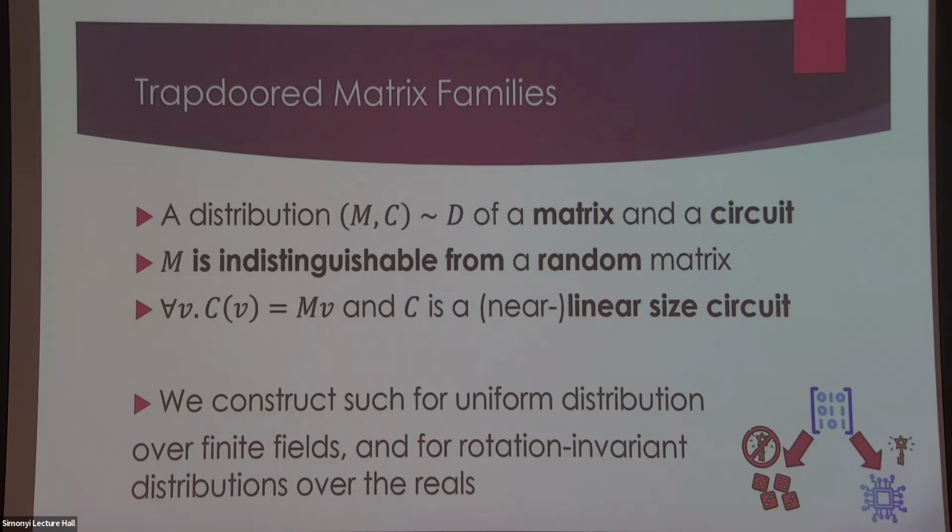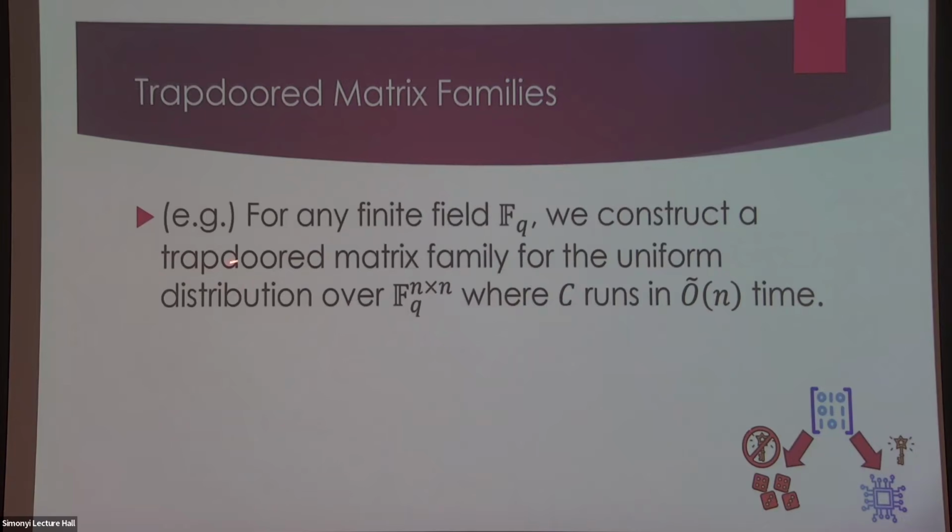Say matrices of random Gaussians, but also orthogonal ensembles and so on. So a concrete example, we show that for any finite field, we can construct such a trapdoor matrix family distribution for the uniform distribution over the finite field for say square n by n matrices, where the running time of the circuit is near linear.